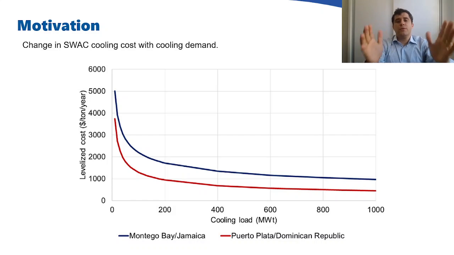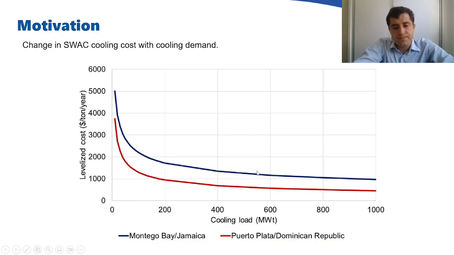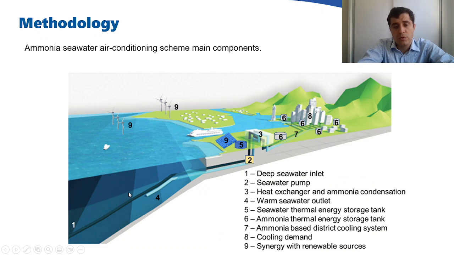You also reduce the losses to the environment in your pipeline, because the larger the diameter, the lower the ratio between the area and the volume that you transport. So it has a significant drop in costs, particularly in the offshore pipeline. The district cooling cost doesn't change so much, but it has a huge impact on the cost of the offshore pipeline. So this is the main focus of my participation.